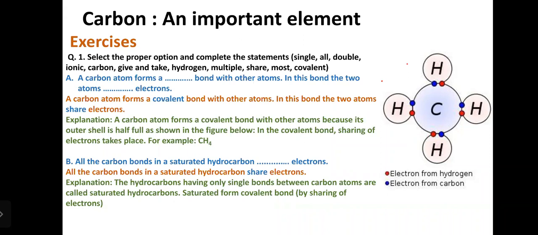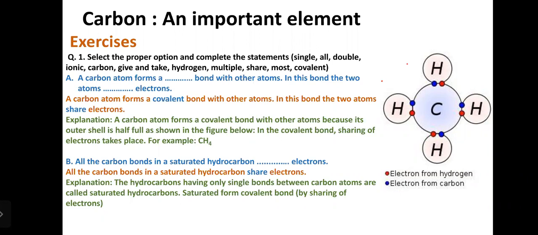Saturated hydrocarbons form covalent bonds by sharing of electrons. So the word that fills here is share.